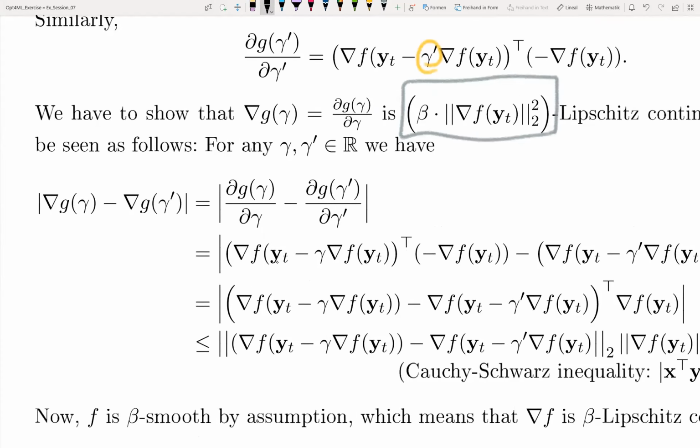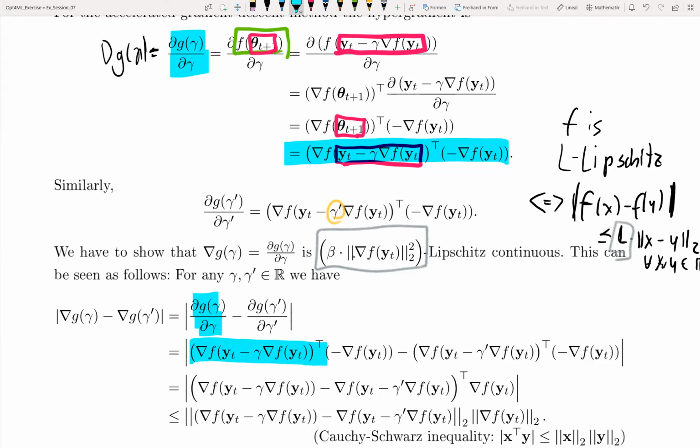Namely, we have it here. This here is this thing. And for illustration purposes, we have also said, well, if we replace the gamma with a gamma prime, with the different value we plug in, then we get almost the same where the gamma is replaced with a gamma prime.